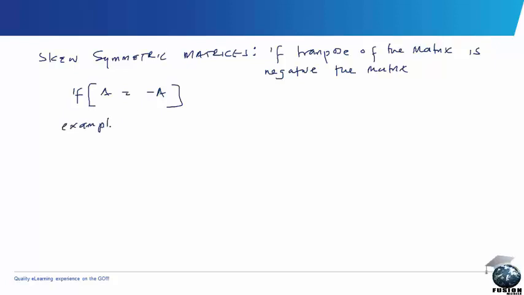For example, if we have this matrix, 0, minus 2 and minus 5, 2, 0, minus 9, 5, 9 and 0.